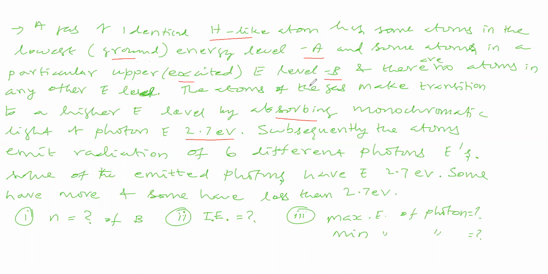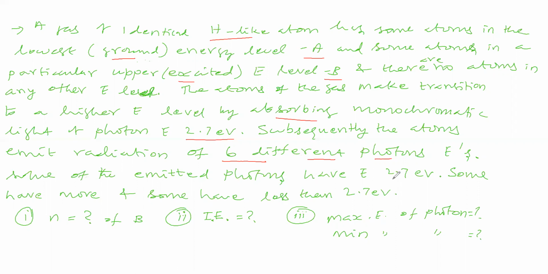Next sentence: subsequently the atoms emit radiation of 6 different photon energies. Emitting 6 different photon energies means it is jumping from a higher level to a lower level, therefore it is emitting 6 different photons.